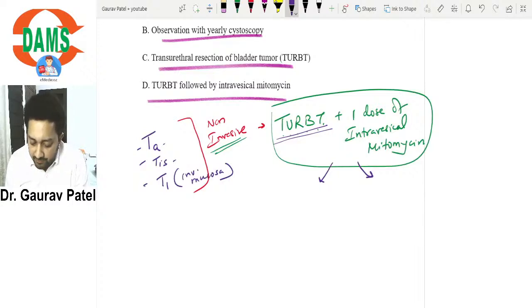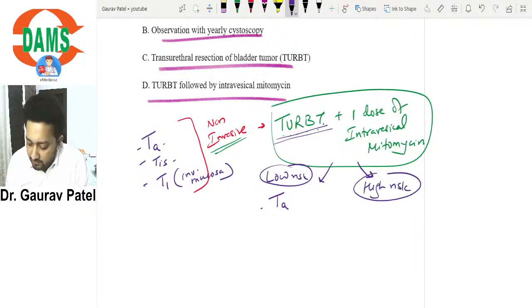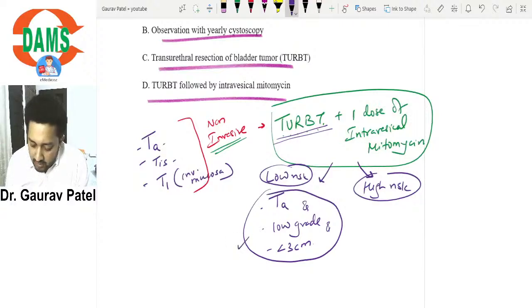So now you will see, if it is Ta, you can classify it as low risk and high risk. If it is Ta and low grade and less than 3 centimeters, you follow up.